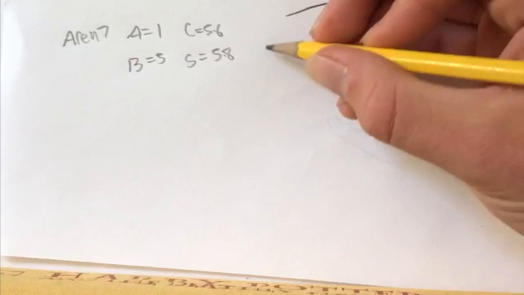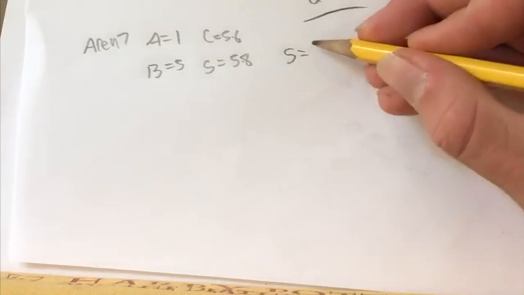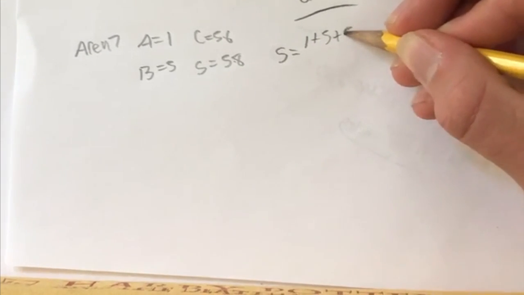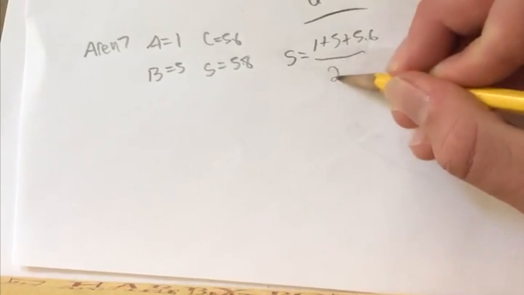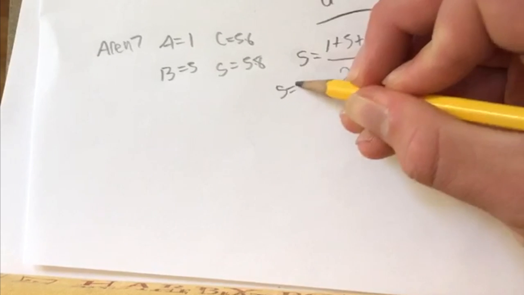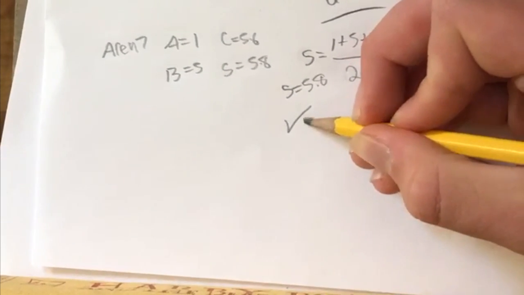So if we want to plug this into the Heron's theorem equation again, we can do S equals 1 plus 5 plus 5.6 divided by 2. You can see right here I've got 5.8. So S equals 5.8. We'll plug that into the equation.